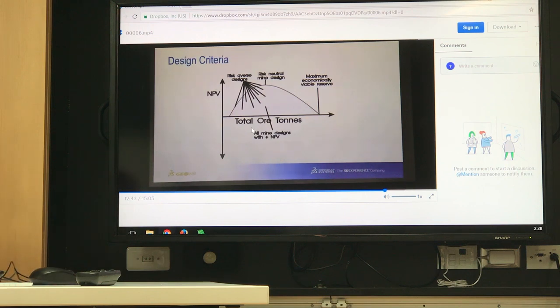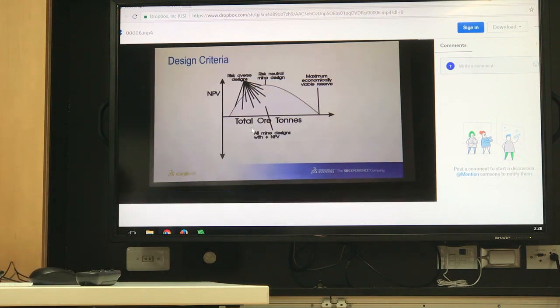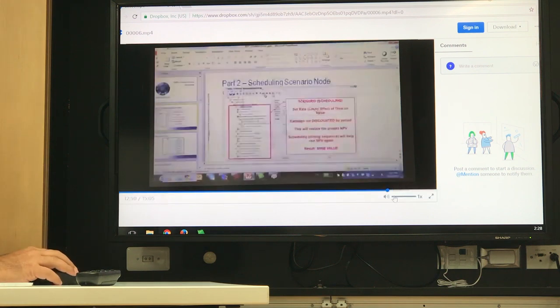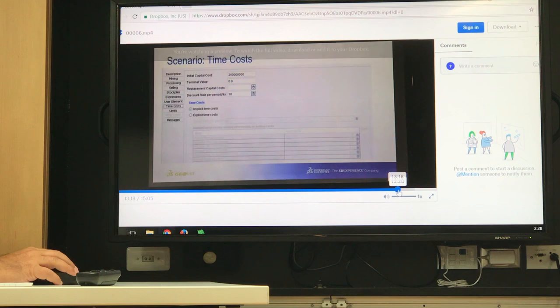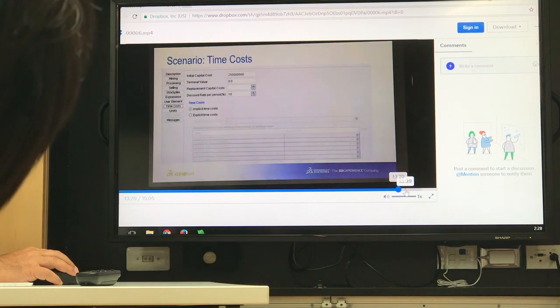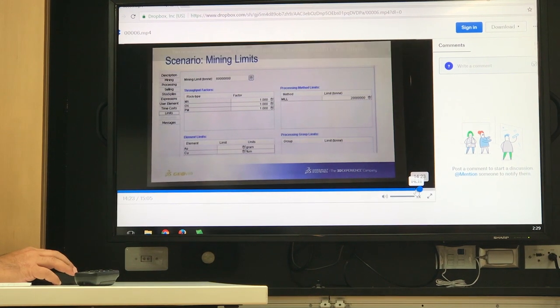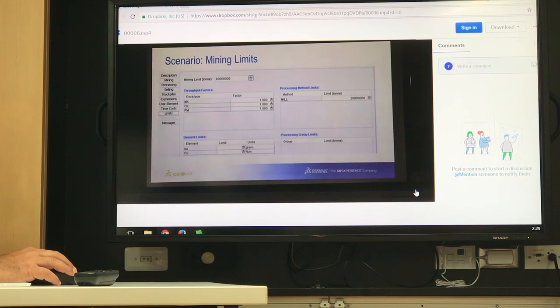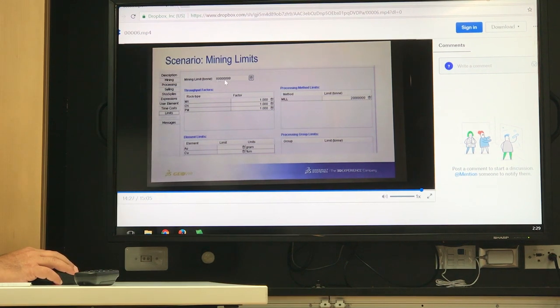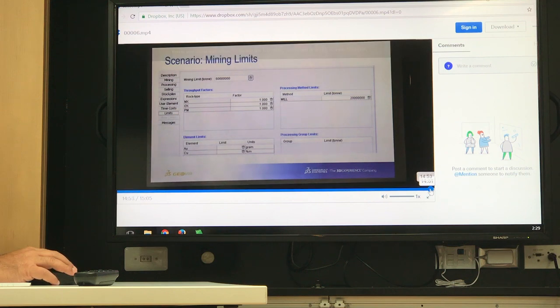So that's why the limits that we introduced need to be changed in order to find the optimum production limit for your scenario. These are the limits that we introduce here. Different numbers have been introduced here. Yeah, probably we need to go to the other one.